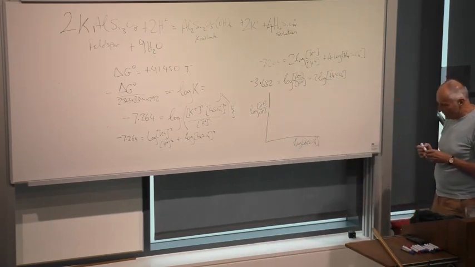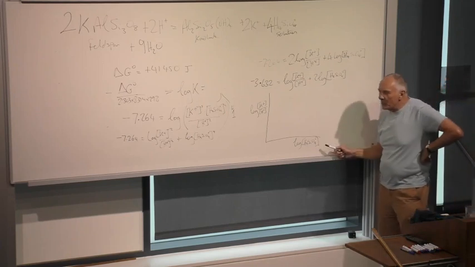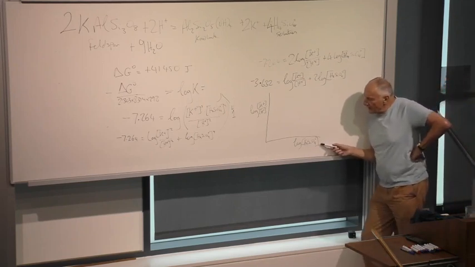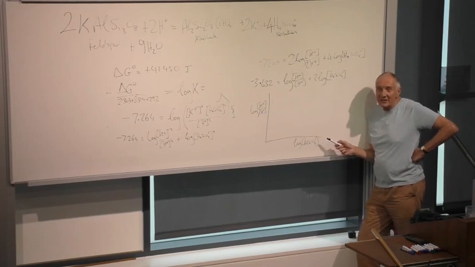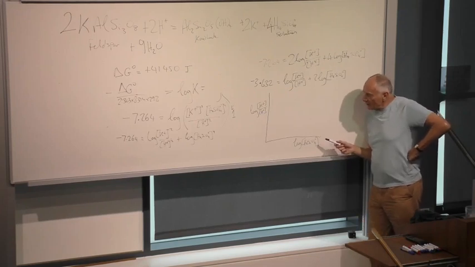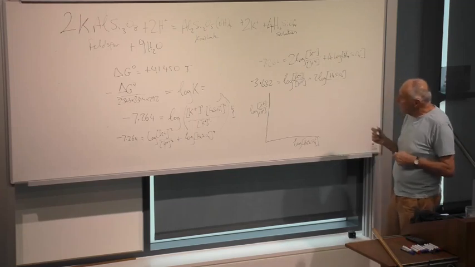So, what numbers shall we choose? Well, the important point to remember is that this H4SiO4 in solution never goes much above 10 to the minus 3, i.e. molality of 10 to the minus 3. So we're looking at numbers that are all down below that. So why don't we put in minus 8?